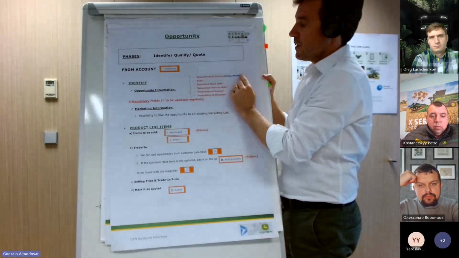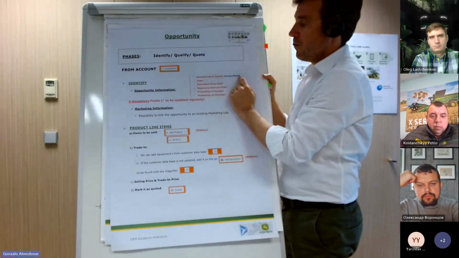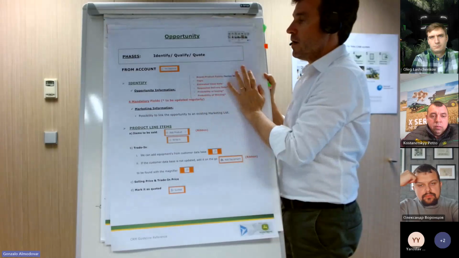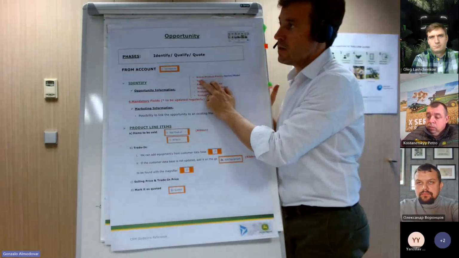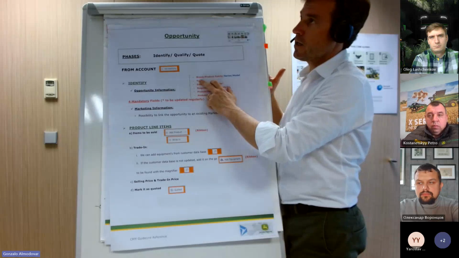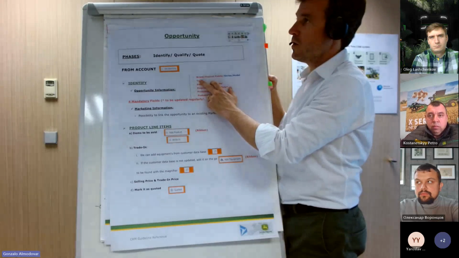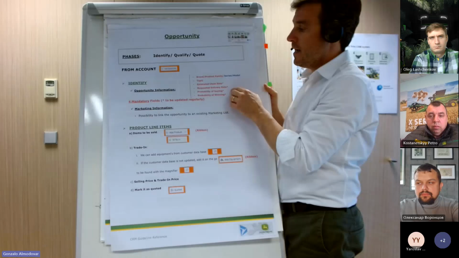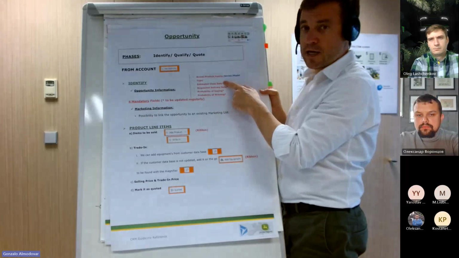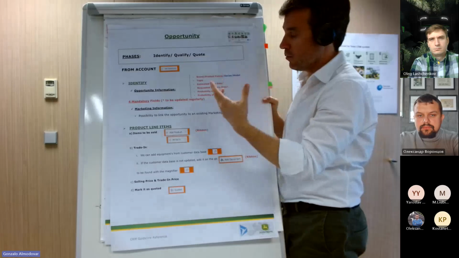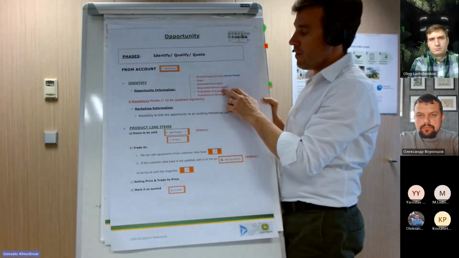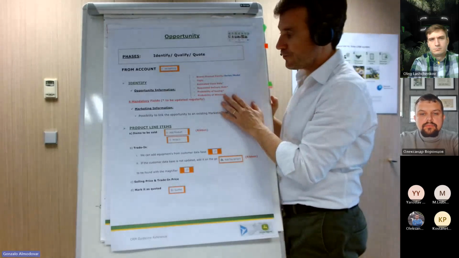If I don't know the precise model, if I know the model, everything will be pre-populated by consuming the product hierarchy. Then the topic. Please remember, it's important to get a consensus internally how you're gonna name the opportunities from now on. And last, the estimated close date, when this customer is gonna buy, requested delivery date, when I will be able to provide the machine to the customer, probability of buying, probability of winning.